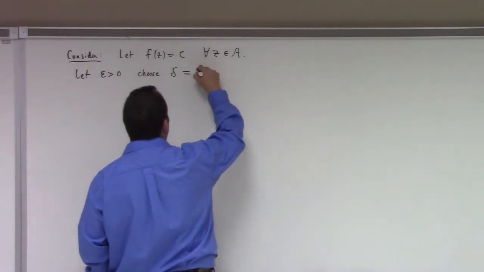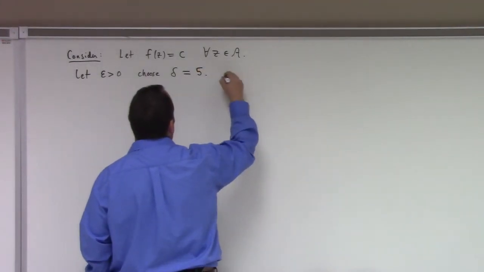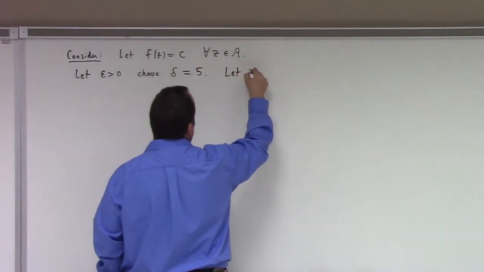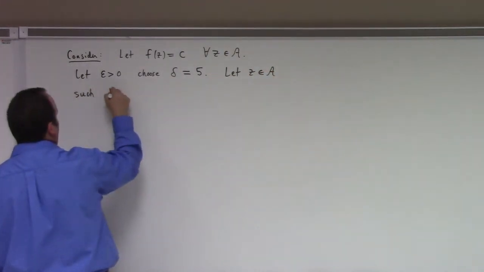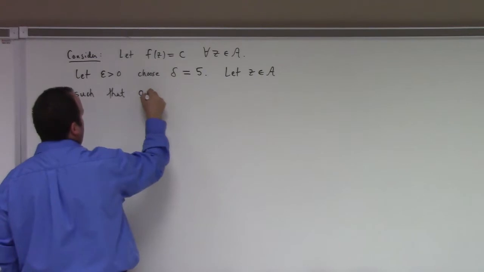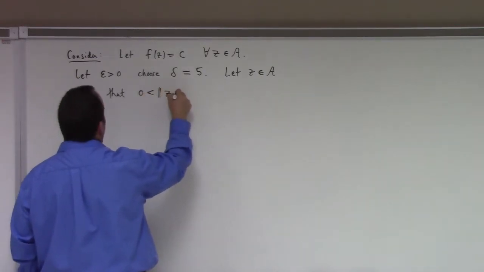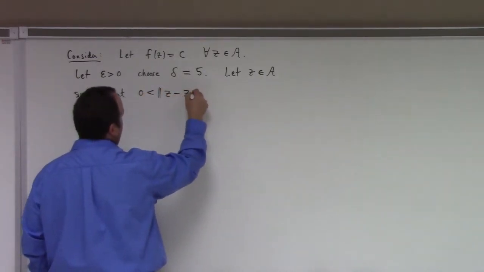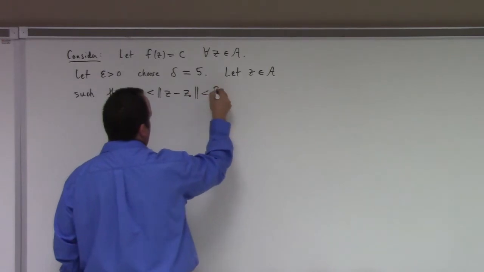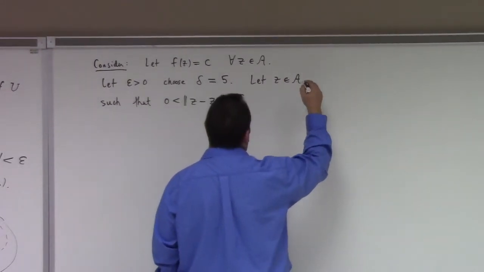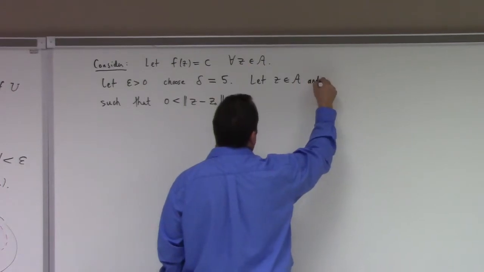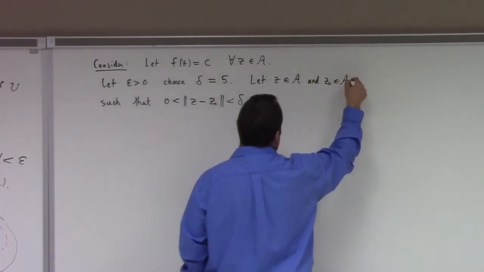Great. Let z be an element of the algebra such that 0 is less than the norm of z minus z naught is less than delta, right? I guess I should also say let z be an element of A and let z naught be an element of A. All right.